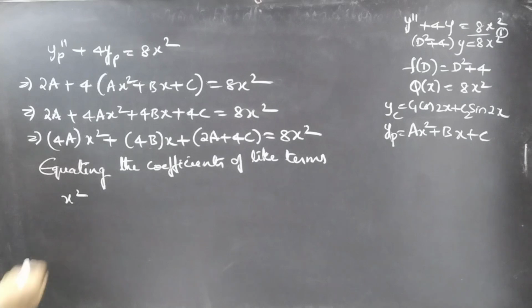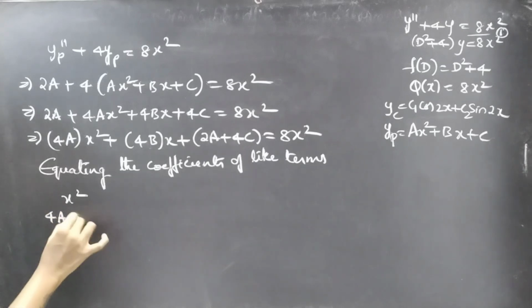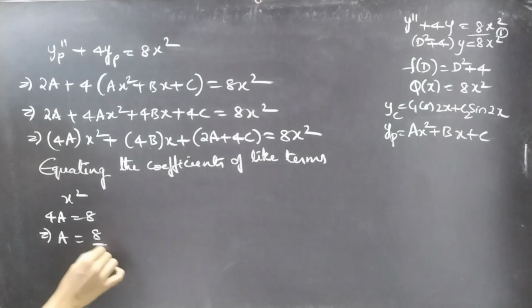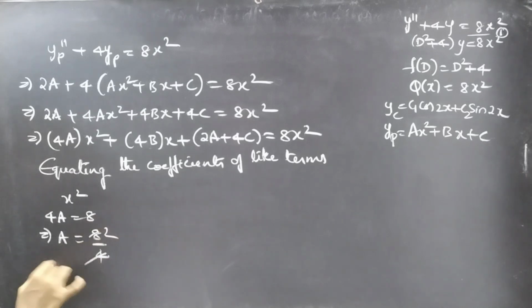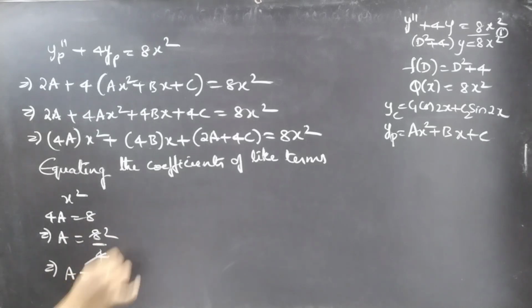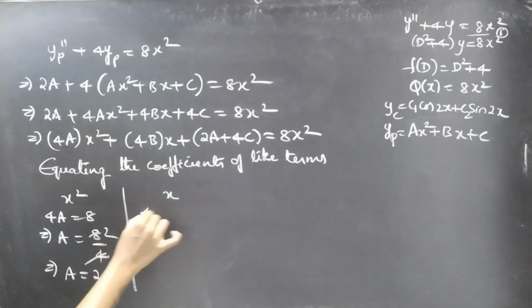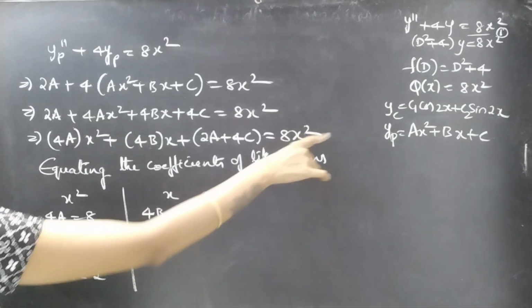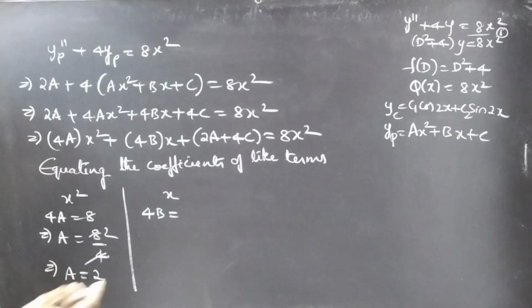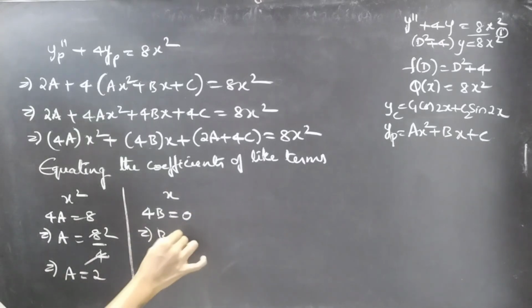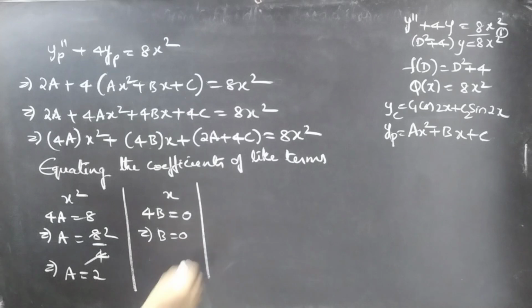Equating the coefficients of x², you'll get 4a = 8. From this we get a = 8/4, which gives us a = 2. Now equate the coefficients of x. 4b equals, we don't have any x term in the RHS, so we'll take it as 0. We'll get b = 0.